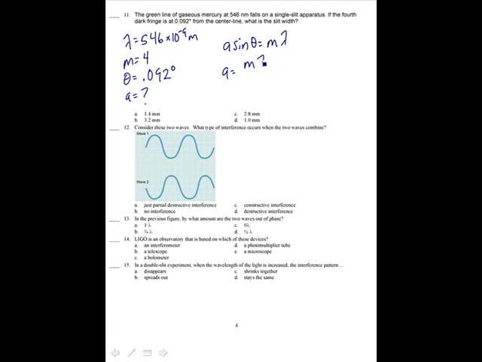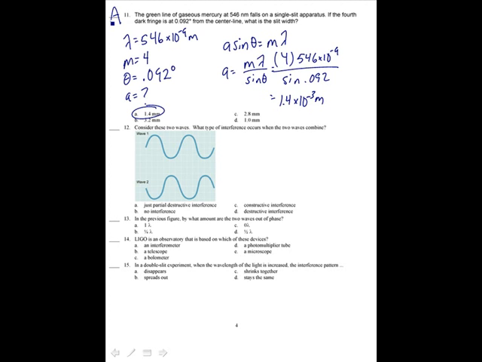It's just m lambda over sine theta. That is 4 times lambda over sine of 0.092. I get 1.4 times 10 to the minus 3 meters. That is 1.4 millimeters, which is A.